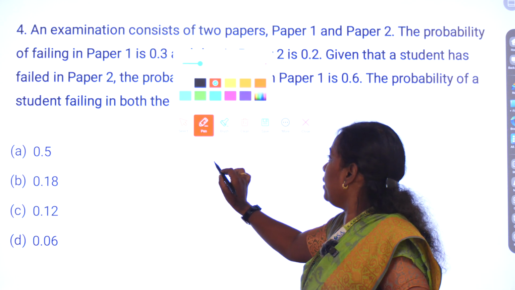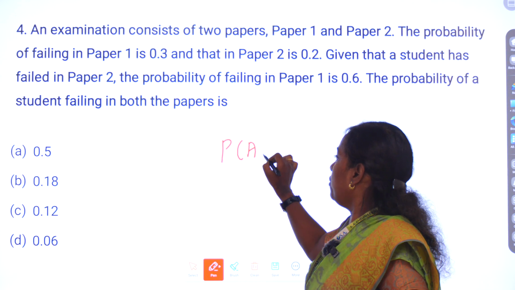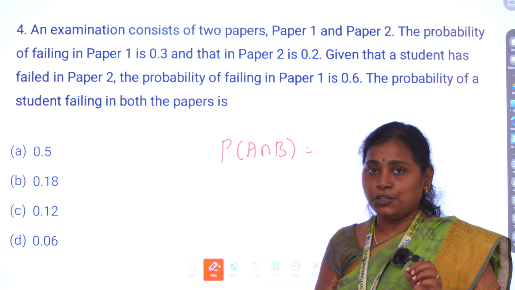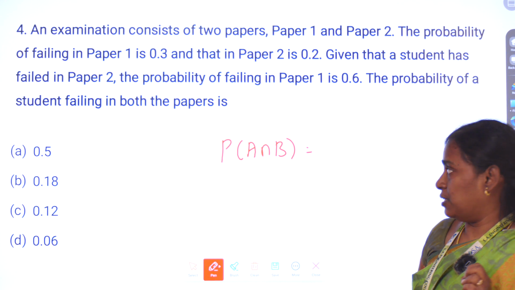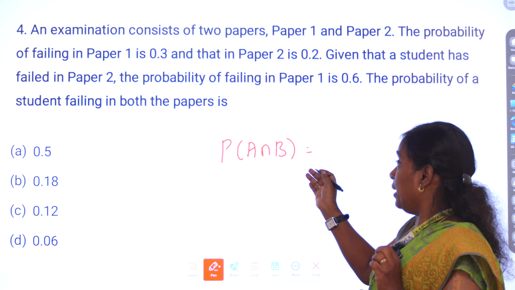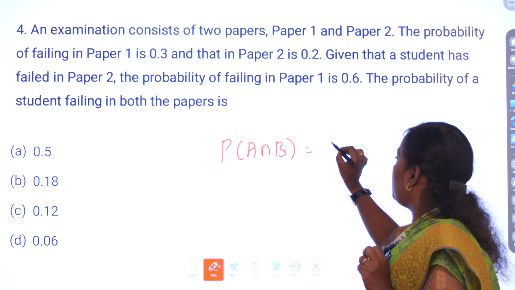So you need to find P of A intersection B. We saw in the multiplication rule the dependent event. This is not an independent event, this is a dependent event. What's the formula for P of A intersection B?